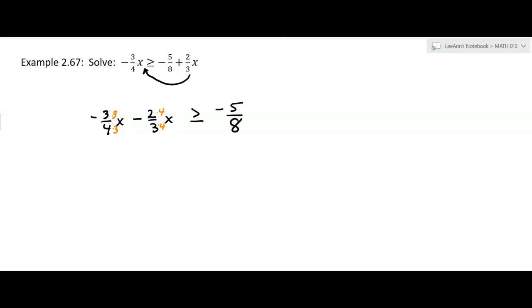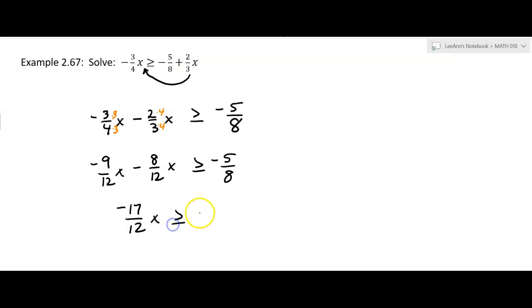And then that would give you negative 9/12 x minus 8/12 x is greater than or equal to negative 5/8. Okay, negative 9 minus 8 is going to be negative 17/12 x, greater than or equal to negative 5/8.